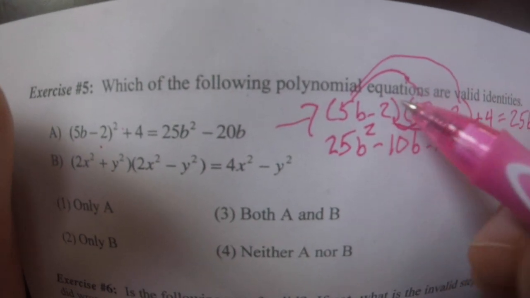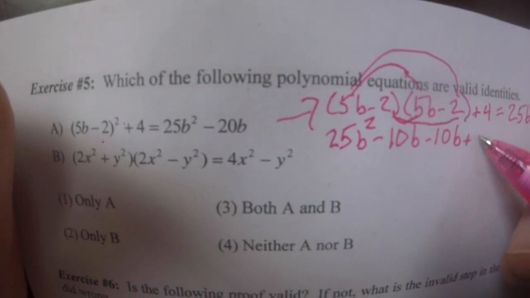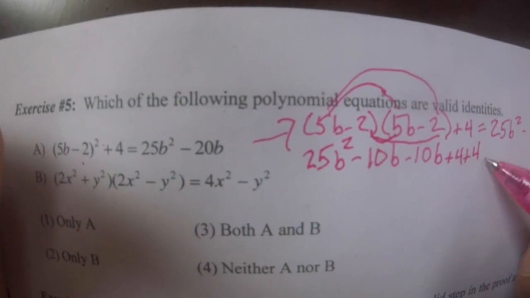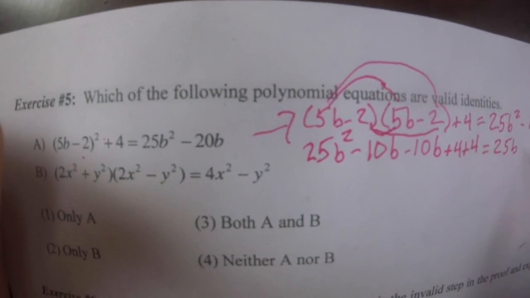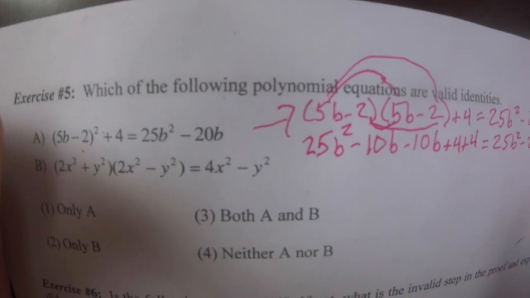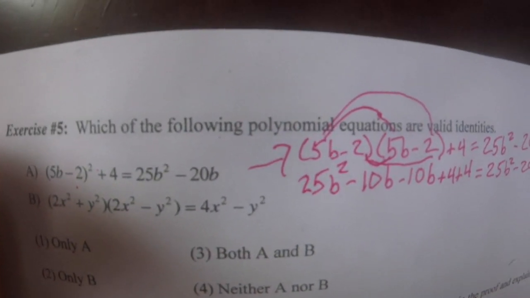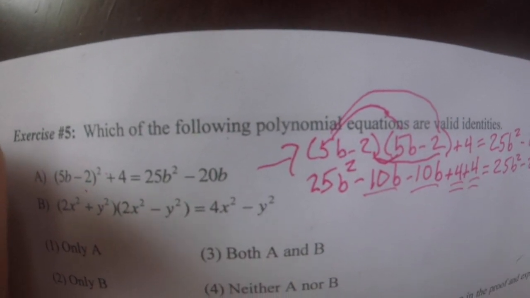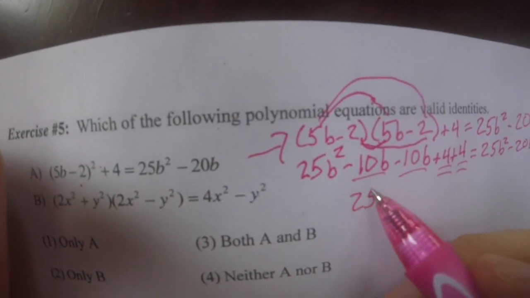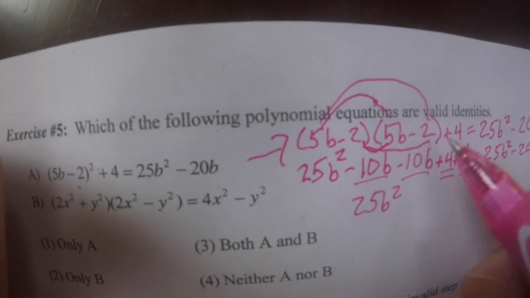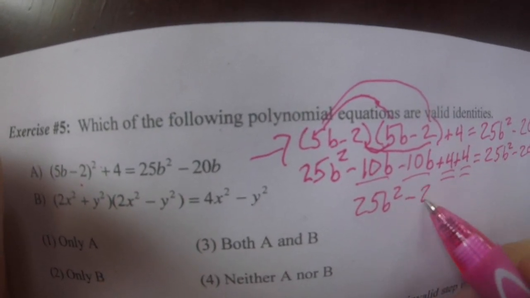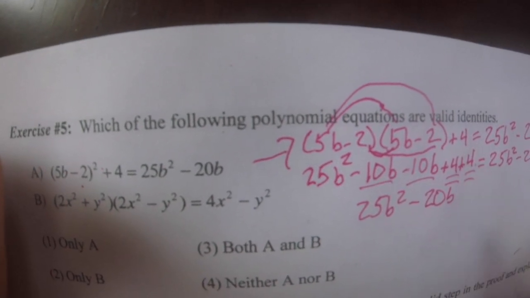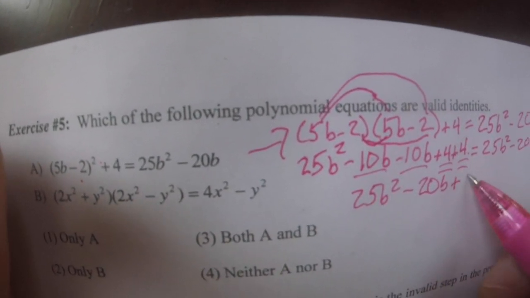And last but not least, negative 2 times negative 2 is positive 4. And then don't forget about this positive 4 up here. Equals 25b squared minus 20b. All right, now the only thing left to do over here is to combine my like terms. I have 25b squared. Negative 10b minus 10b, I think that's negative 20b. And a positive 4 plus 4, I think, is plus 8.